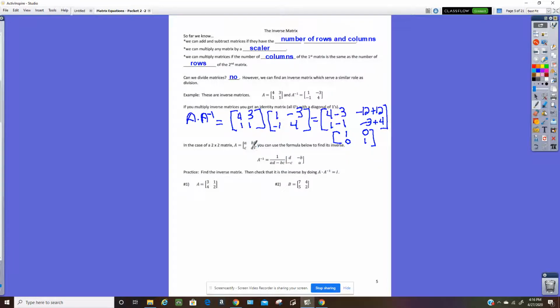And then you switch these two entries, D with A, and then do the opposite of C and B. So in order to find the inverse of A, I'm going to do 1 over 6 minus 4. There's the determinant, 6 minus 4. And then I'm going to switch these two numbers. So switch the 2 and the 3 and do the opposite of 4 and 1.